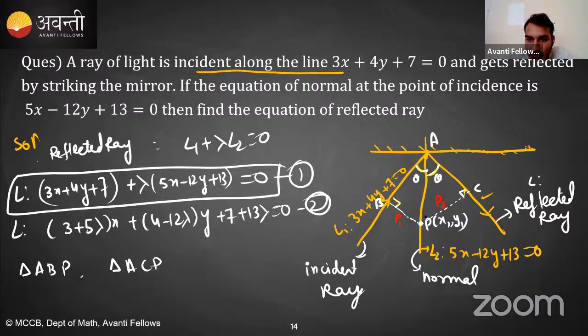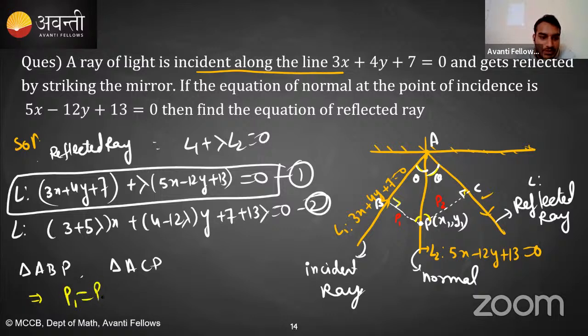One angle is 90 degrees, so obviously this angle and this angle will be equal, right? So three angles of the triangle are equal, and one side is also common, right? So easily you can say that triangle ABP and triangle ACP are congruent. Yes or no? They both are congruent. Yes or no? Right?